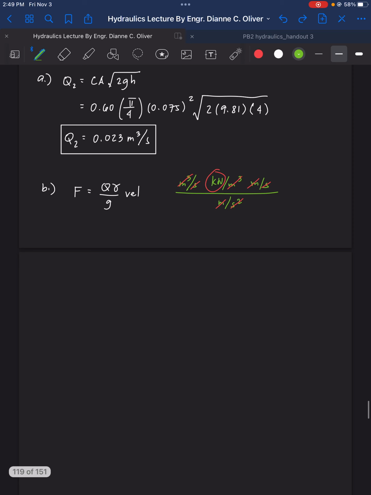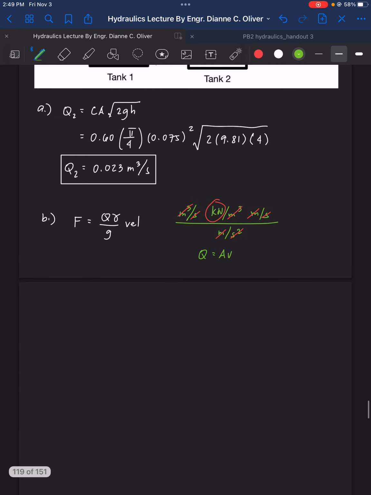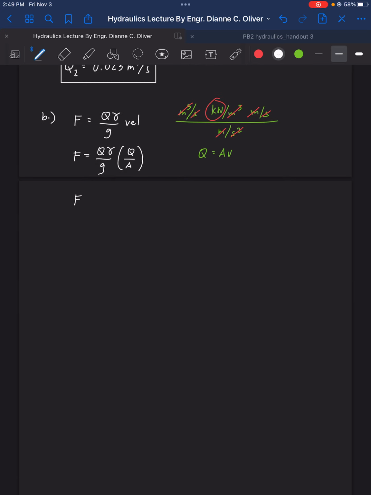Now, remembering that Q is equal to AV, because here there is no given velocity, we can derive the formula Q gamma over g times velocity, and velocity is Q over A. So F is equal to Q squared gamma over gA. We can now use this.